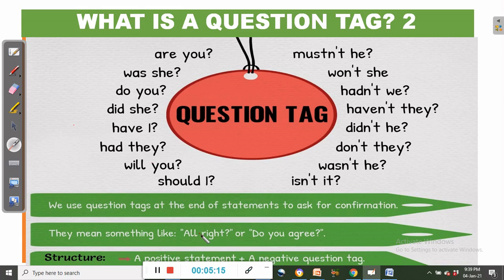All right, so then normally the structure of a question tag is what I call positive, negative, positive. In other words, where you have a positive statement, it is followed by a negative tag, and where we have a negative tag, it is followed by a positive response.